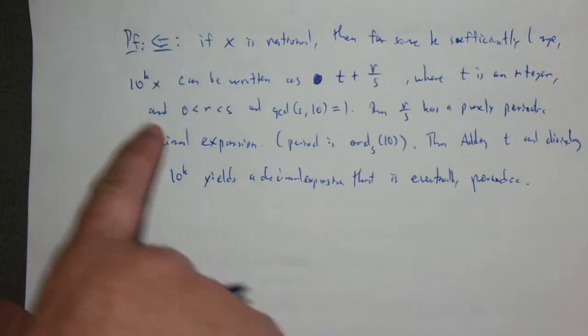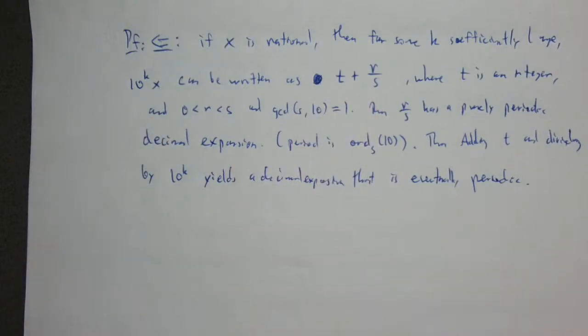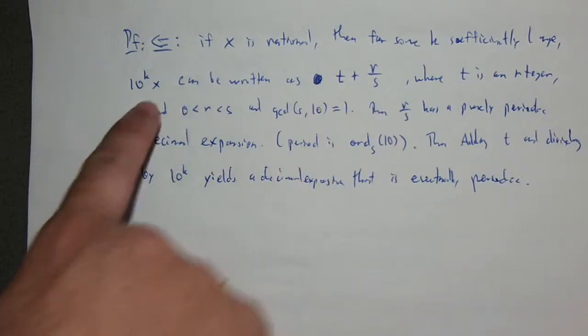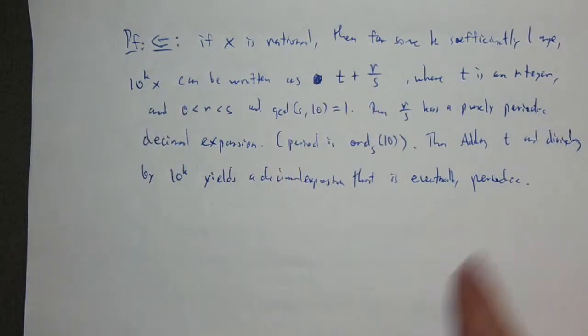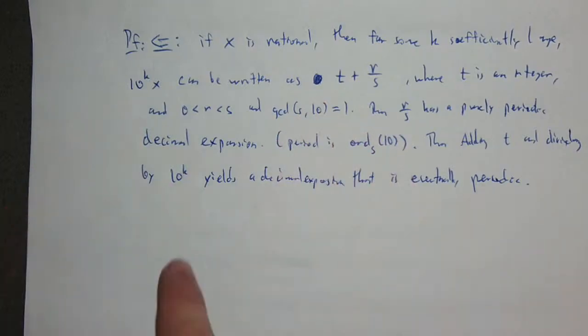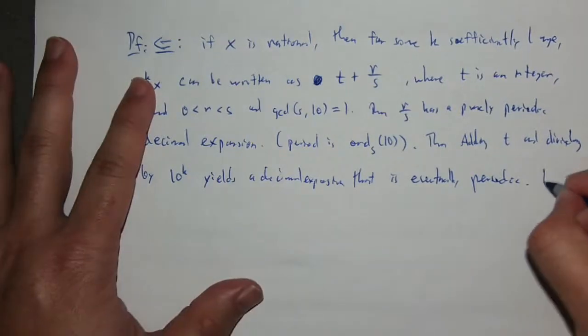So 10 to the k x looks like this, and once I have that this can be written in this form, well, then x itself is going to have the eventually periodic expansion just by taking this thing and dividing by 10 to the k, right? Okay, that's going to give it to me. Okay, so that's it.